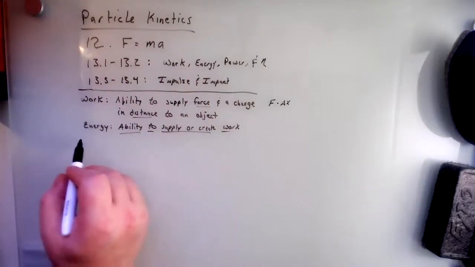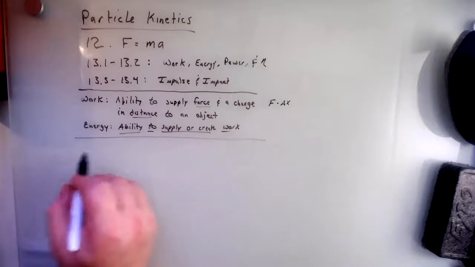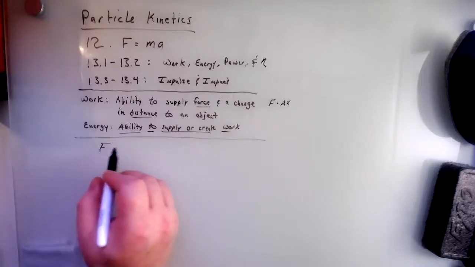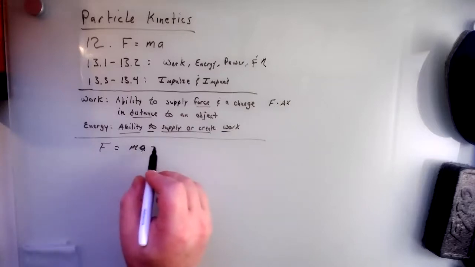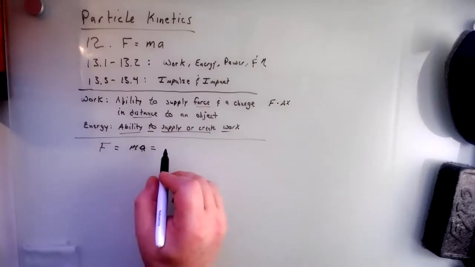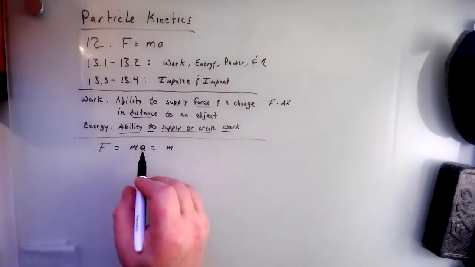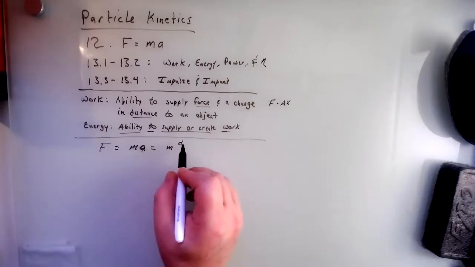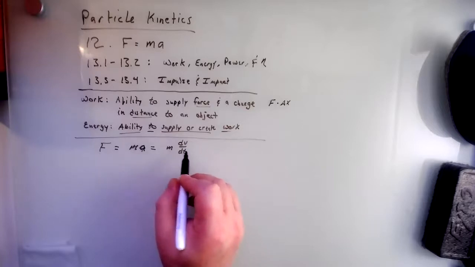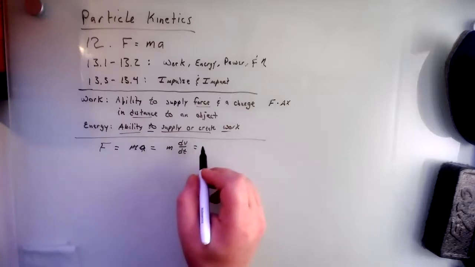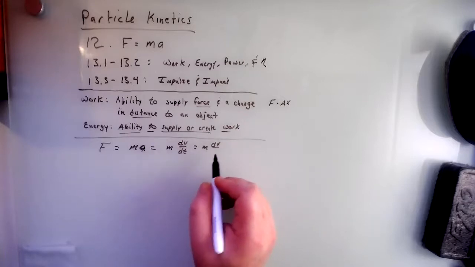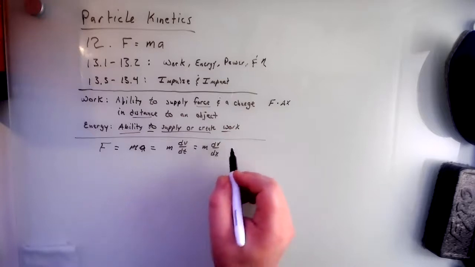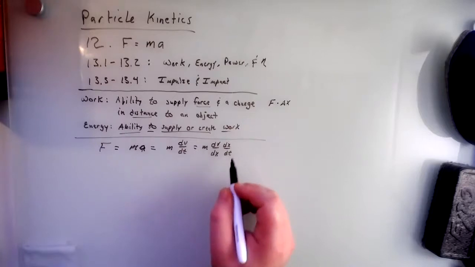So we draw a line here to keep us organized. If we start with F equals ma, we have done this expansion before, and a is what, dv dt? We can expand this to m dv dx over dt.